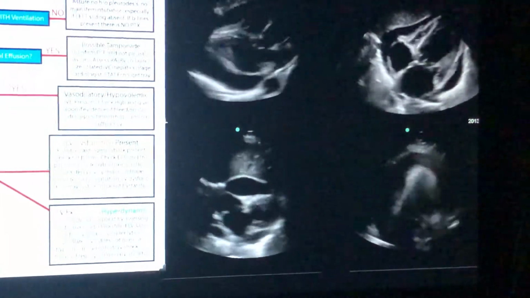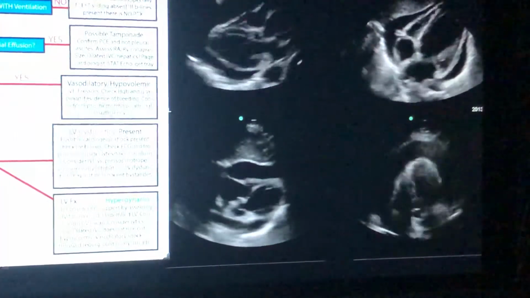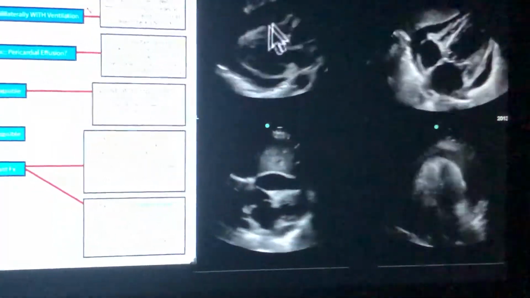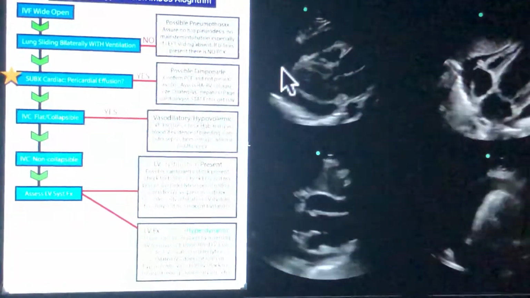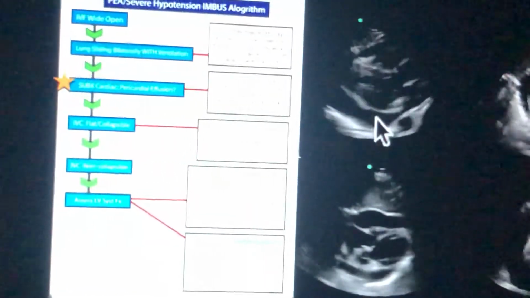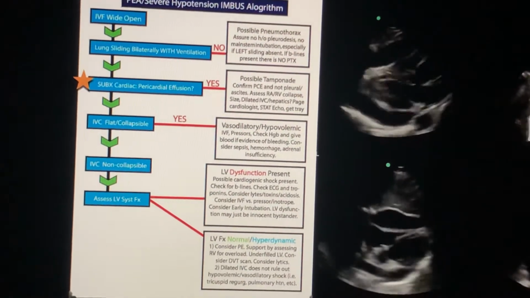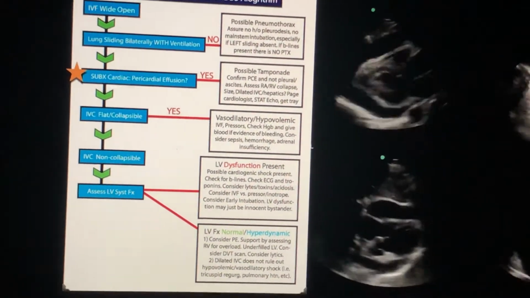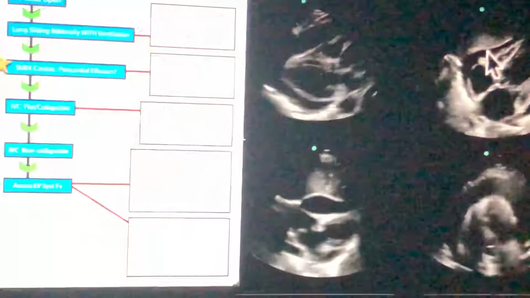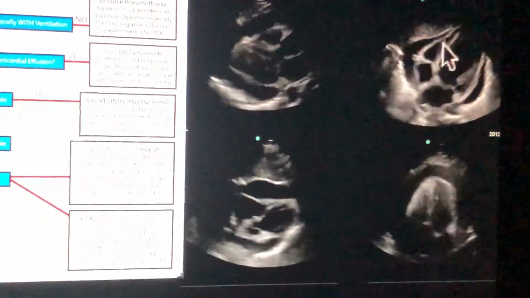What we're looking for is pericardial effusion, and sometimes they're obvious. Here is a heart, and black is fluid on ultrasound, so this large black stripe here around the heart, this is a parasternal window, is a large pericardial effusion with a heart that's swinging in this bag of water. Here is a subxiphoid window, looking through the liver here with a pericardial effusion as well, and a small right ventricle.